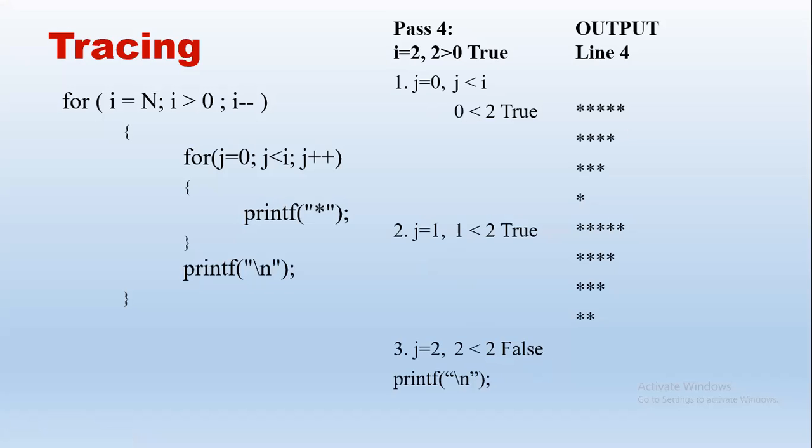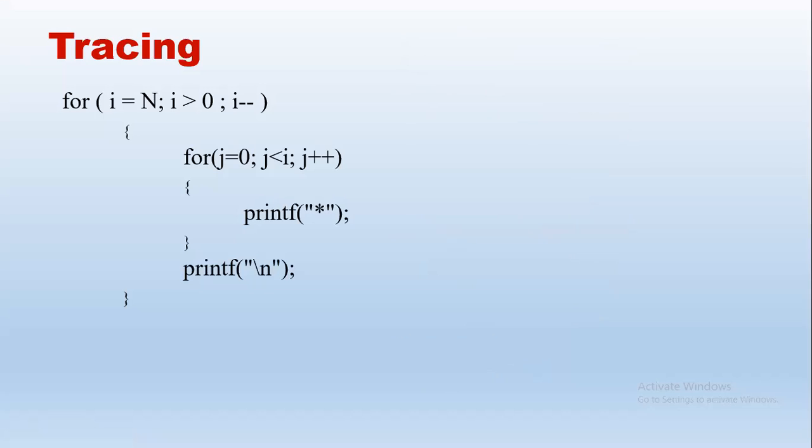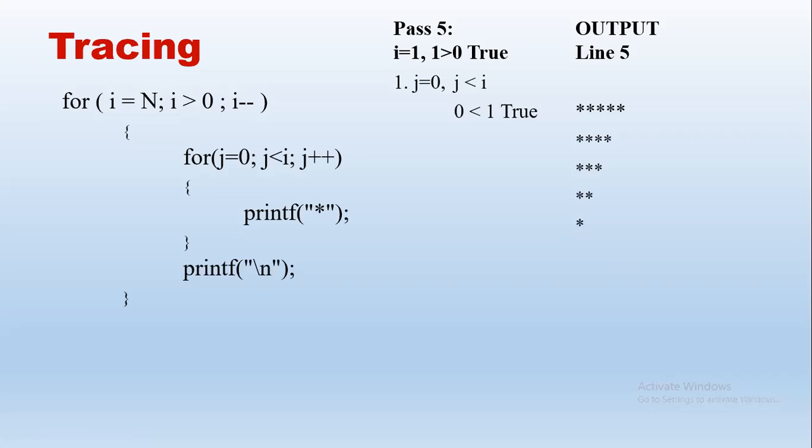i has to decrement. So pass 4, i was 2. Now it has to decrement. i minus minus. So 2 minus 1, i becomes 1. 1 greater than 0. So that condition is checked. Now that is true. So now j again starts from 0. So in pass 5, we need to print line 5. j starts from 0. 0 less than i. i is 1.